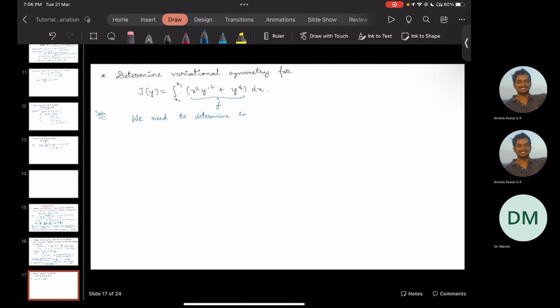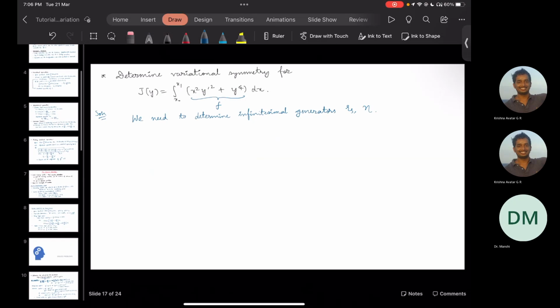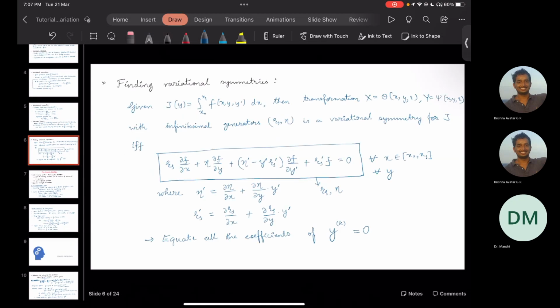So the solution goes as we need to determine, what do we need to determine? Infinitesimal generators, right? Which are xi and eta. Fine. Now let's go back to the equation that we had to solve to obtain this. So we need to solve this equation, right?